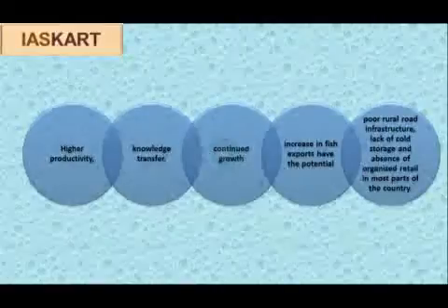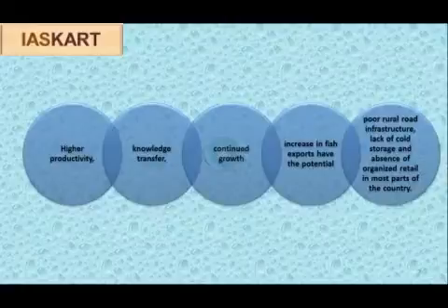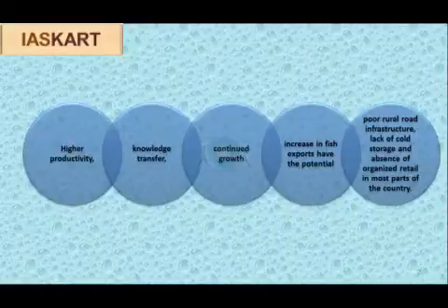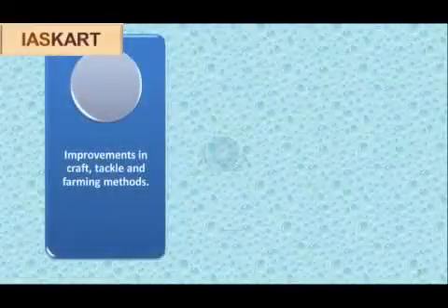Now in India, fish harvest production distribution is difficult because of the poor rural road infrastructure, lack of cold storage, and absence of organized retail in most parts of the country. Now the fishing industry in India, all said and done, still has large economic benefits and potential.